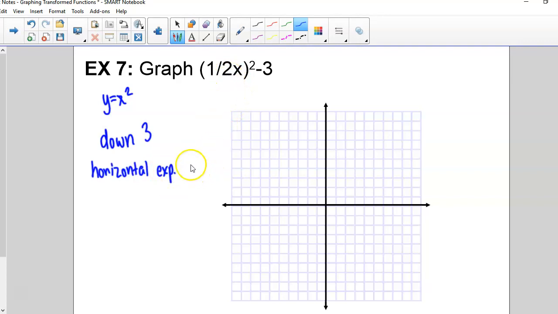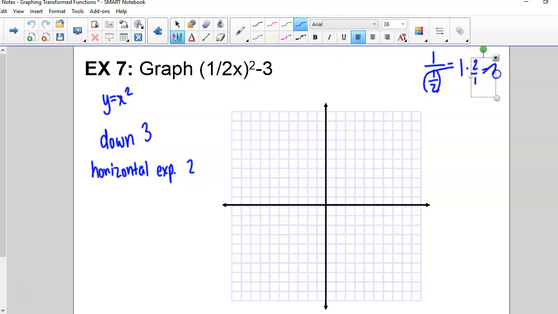And it's going to be by a factor of 2, because if we do 1 over 1/2, dividing fractions is easy as pie. Flip the second and multiply. 1 times 2 over 1 is 2. So we're starting from that same quadratic that we've done several times now.